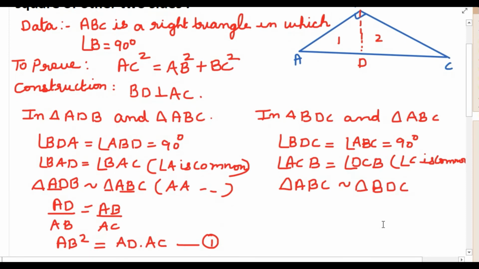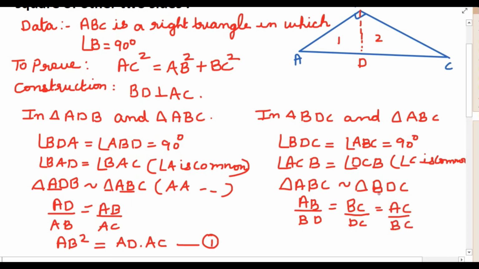Now if you write the ratio, again I can write AB divided by BD equal to BC divided by DC, because in similar triangles the corresponding sides are proportional. Again I can write AC divided by BC.